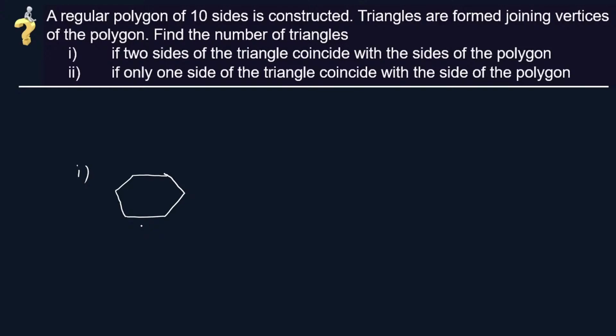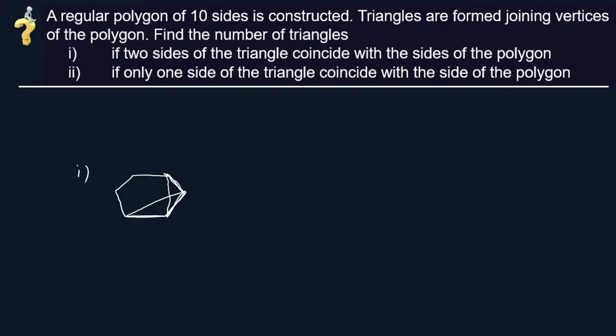Now you have to form triangles in such a way that 2 sides of the polygon coincide with 2 sides of the triangle. So if I consider this side and this side, we get this triangle. Then if we consider this side and this side, again we get one triangle.